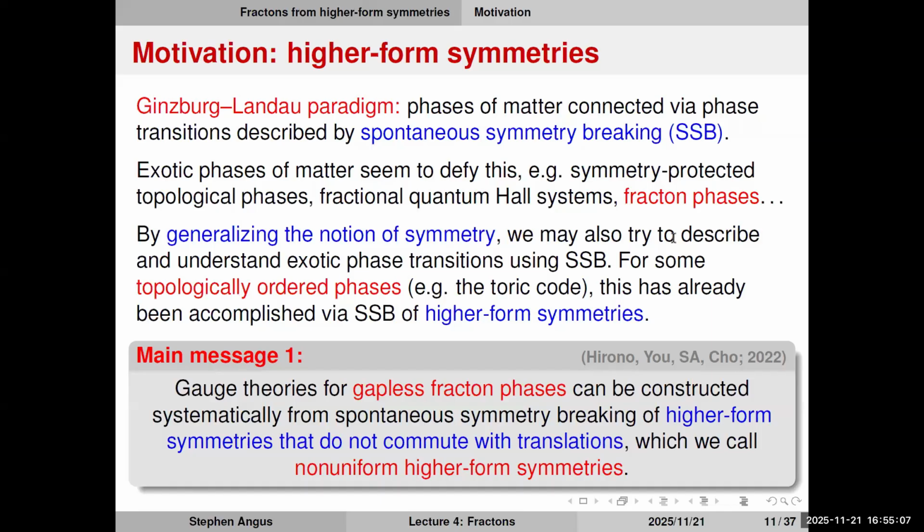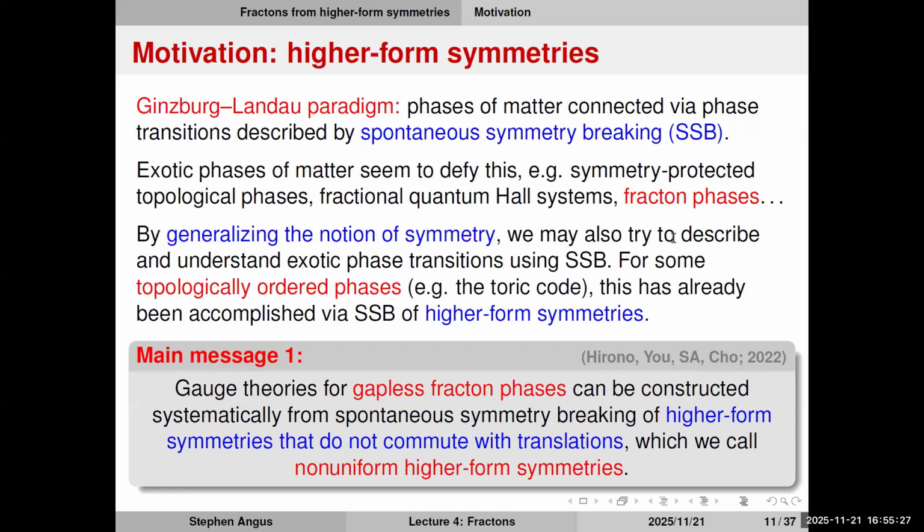However, in condensed matter physics, people find many exotic phases of matter that seem to defy this usual property. For example, so-called symmetry-protected topological phases. Also things like fractional quantum Hall systems, and fractons are also something like that.